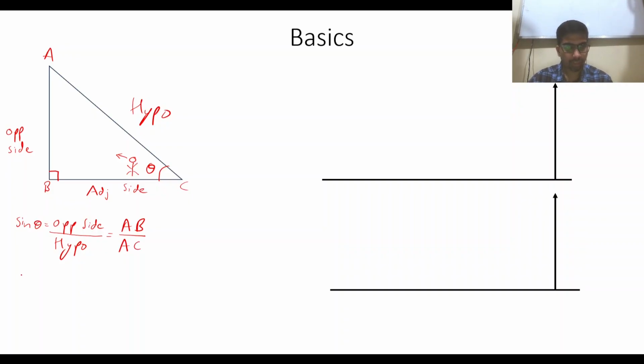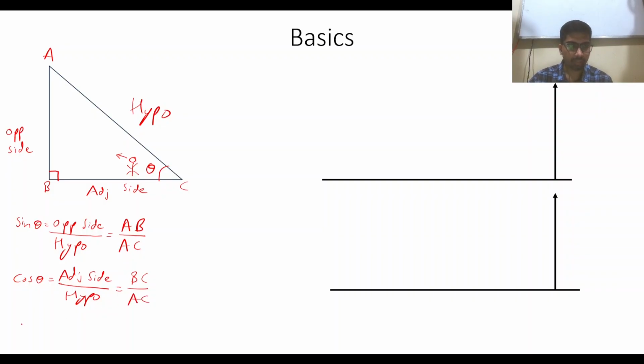Then we have cos theta. Cos theta is adjacent side upon hypotenuse. So the man is standing on side BC, and the hypotenuse is AC.